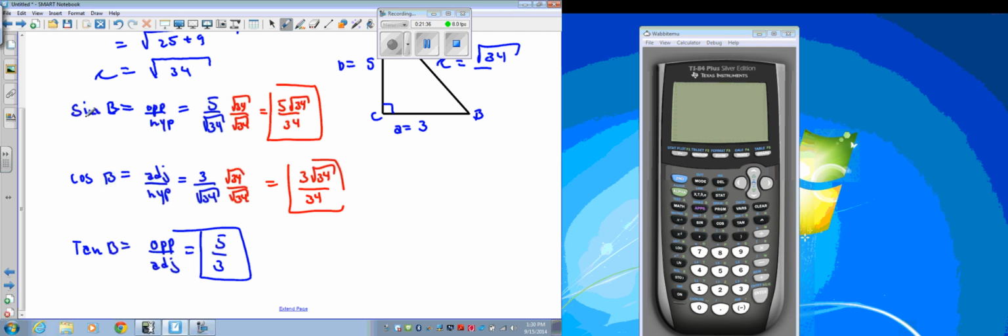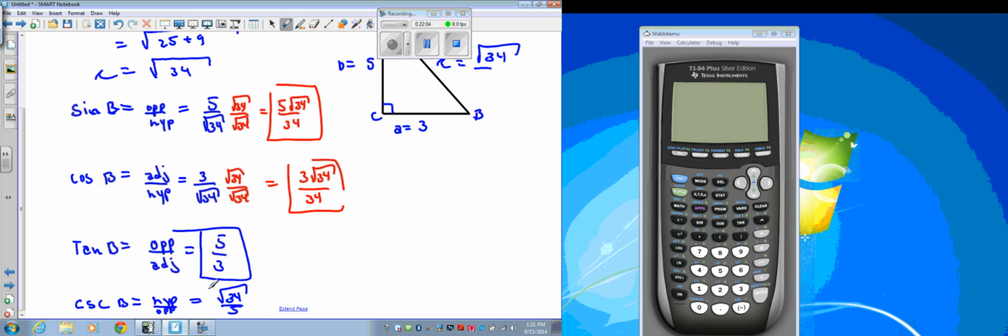Now then, the next trigonometric function, I want to write the one that's related to sine. So which one is it? Cosecant of B. Now that's going to be hypotenuse over opposite. And so it's just the invert of this, so it's square root of 34 over 5.